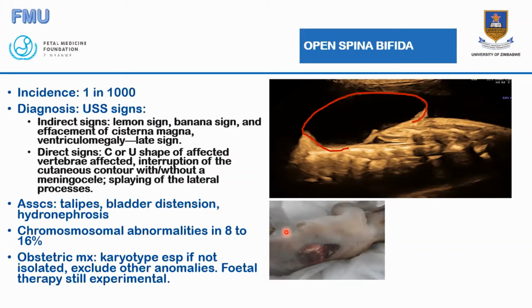And the therapy which is now there, which is being offered in some centers for carefully selected babies, there is now MOMS, the intrauterine repair of the myelomeningocele through fetoscopic repair. It is now happening.